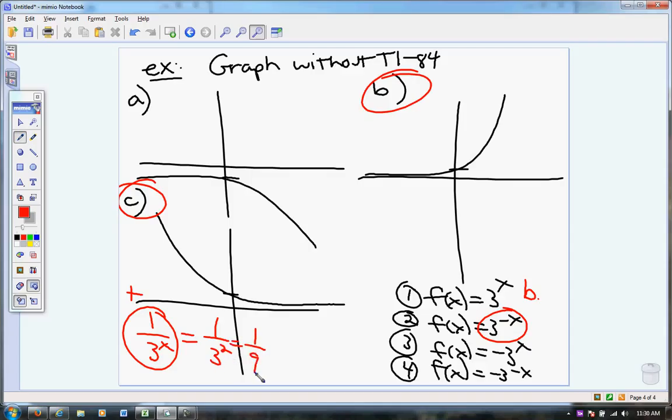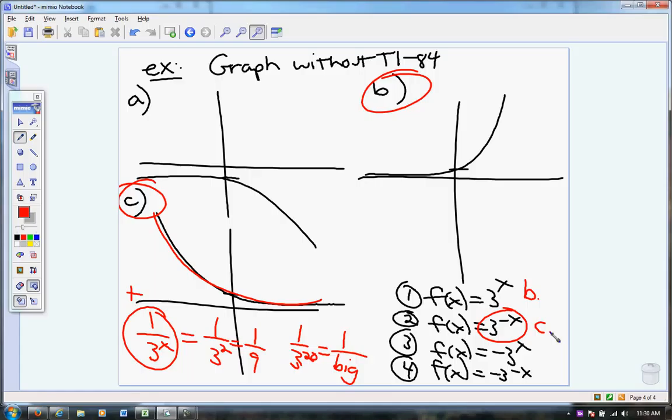It's 1/9. What is 1/3 to the 20th power? It's 1 over something really big, isn't it? Which means it's going to be getting really close to 0. So this one is number 2. Oh, because it goes to 0, but it goes down. Okay?